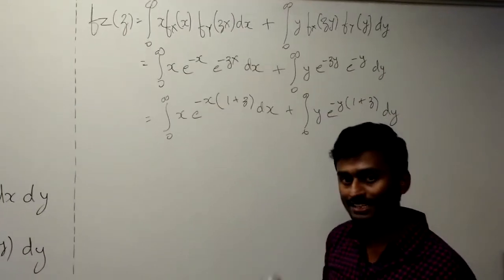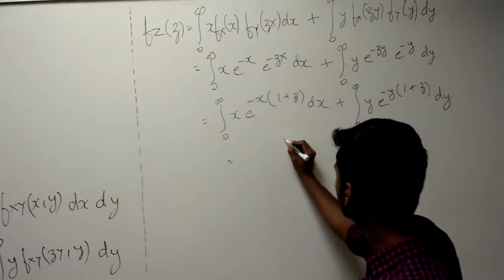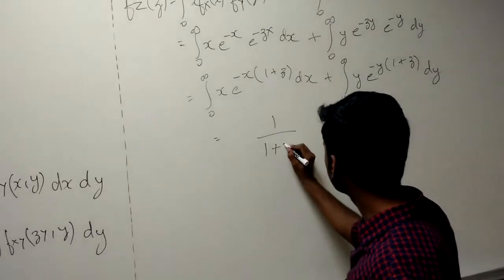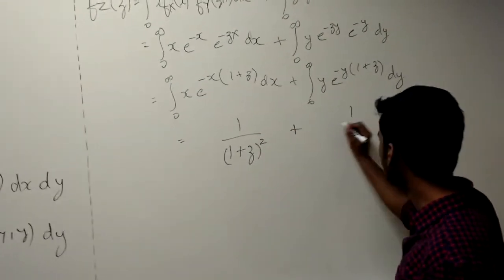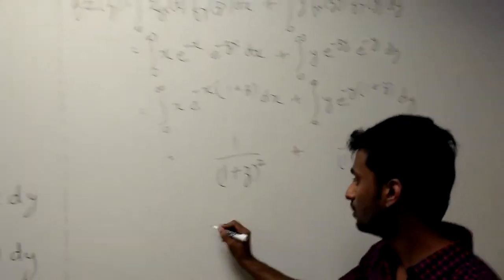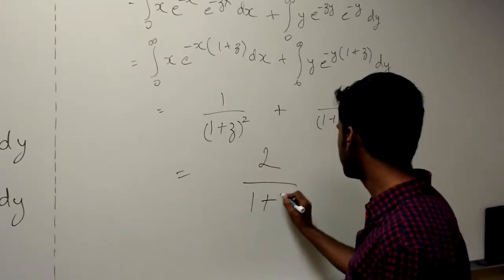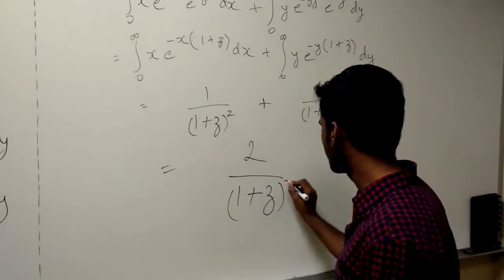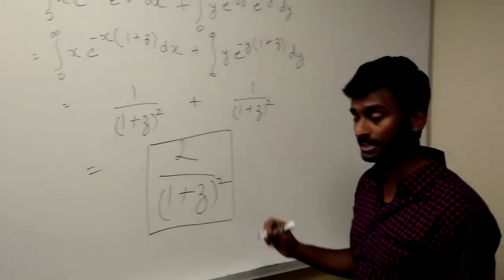Now by using the identities in integration, we can simplify this equation to be given as 1 upon (1 plus z) the whole square plus 1 upon (1 plus z) the whole square, which is nothing but 2 upon (1 plus z) the whole square. Now this is the density function of Z.